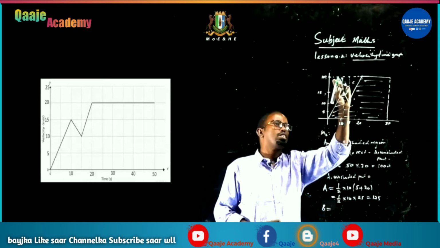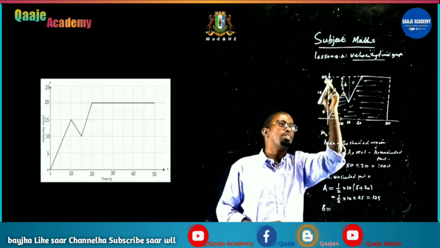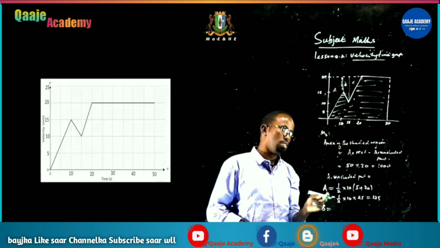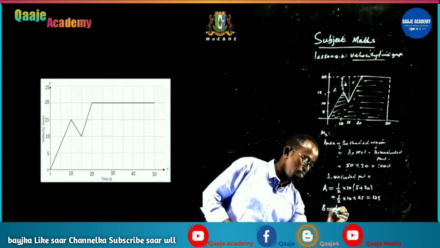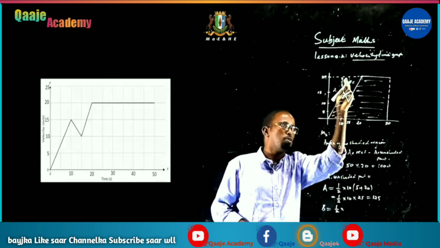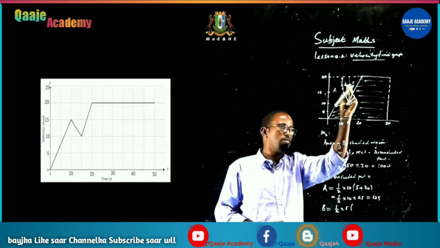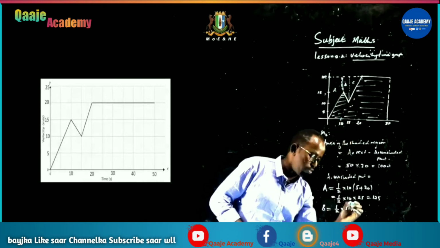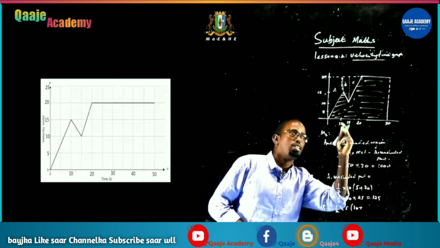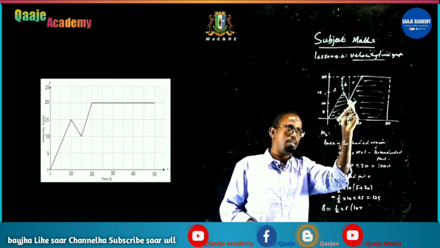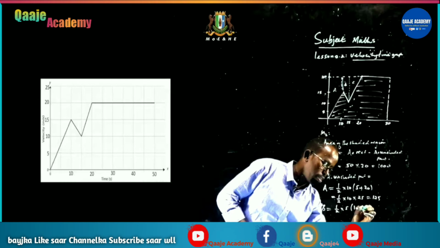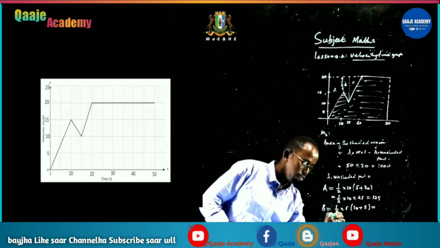B is, this is 5, and this is 20 minus 10, that is 10. So a half, the height is that small distance, 5, bracket. This is 10 plus 5, that will be 15.